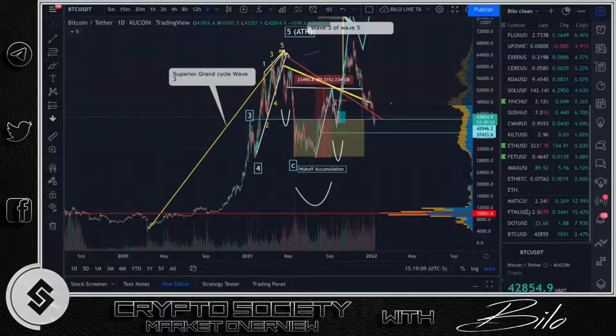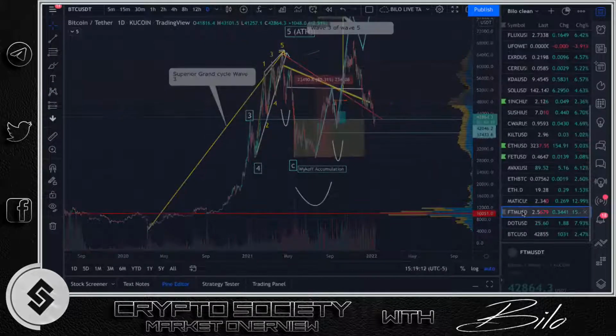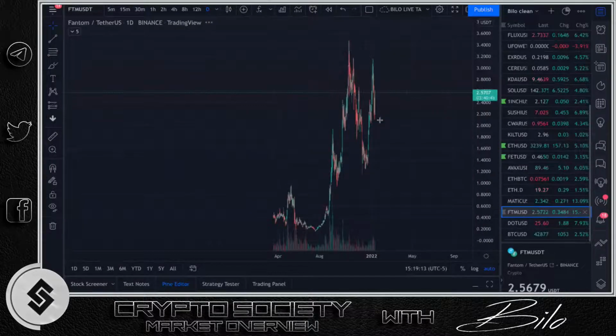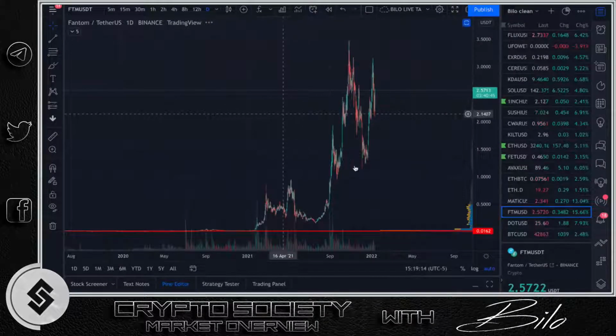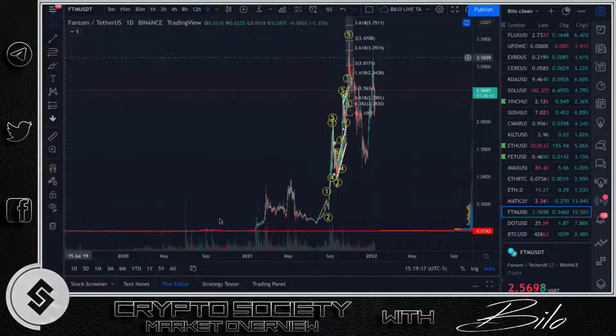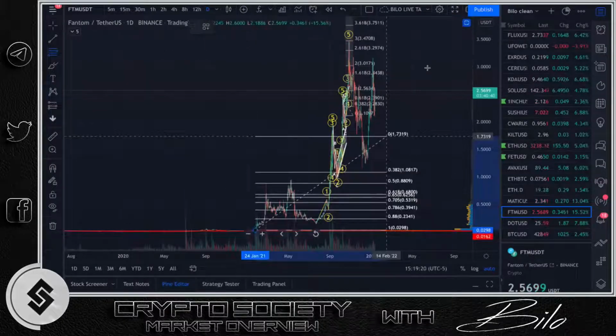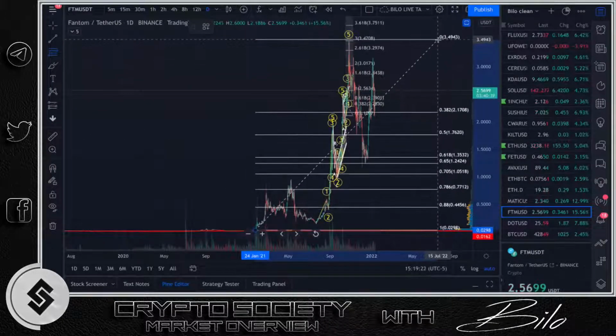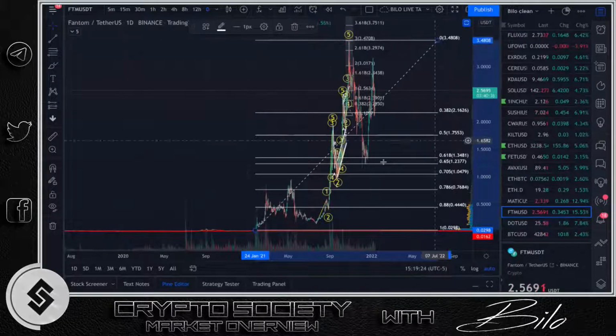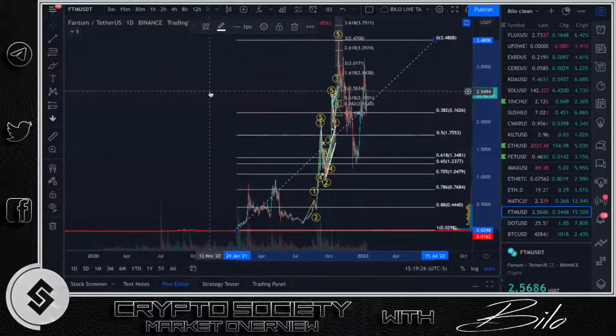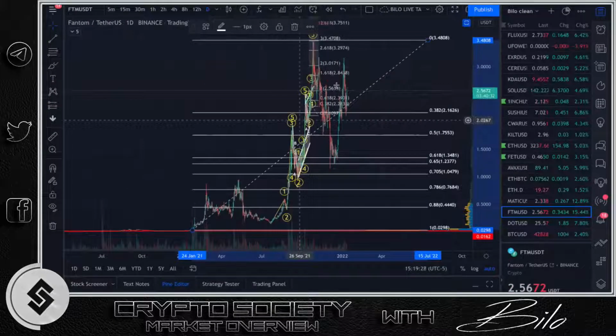Okay. Let's see FTM. So back to FTM. This looks like a very, very decent correction. Let me just see what it is. Oh yeah. See, guys, like what I was saying earlier when looking at Bitcoin, and I had already done this wave count to wave 5.